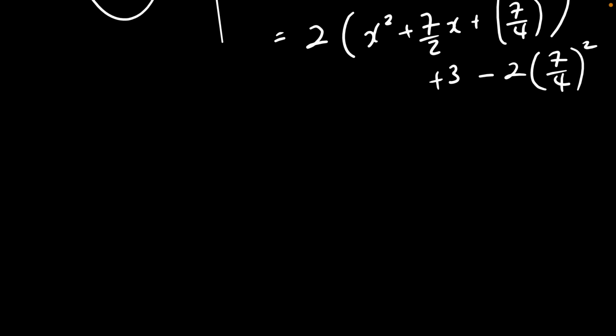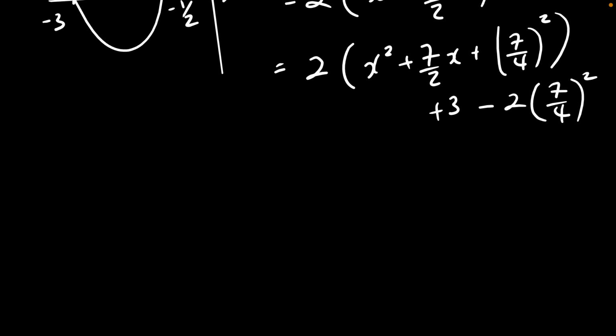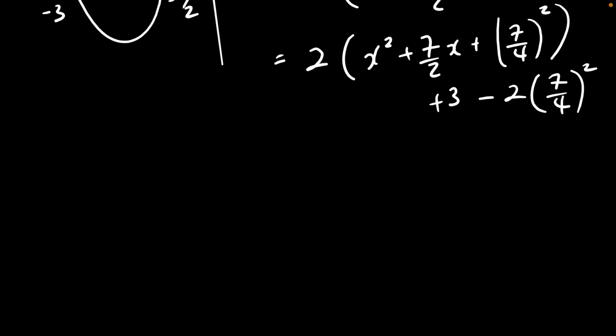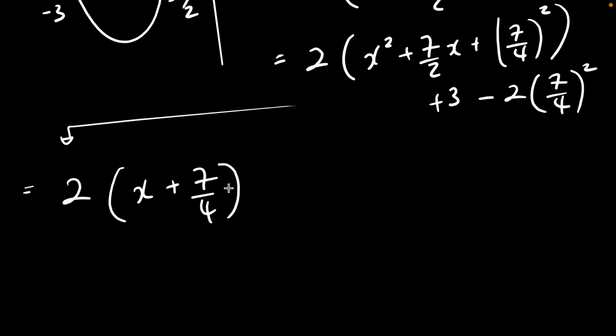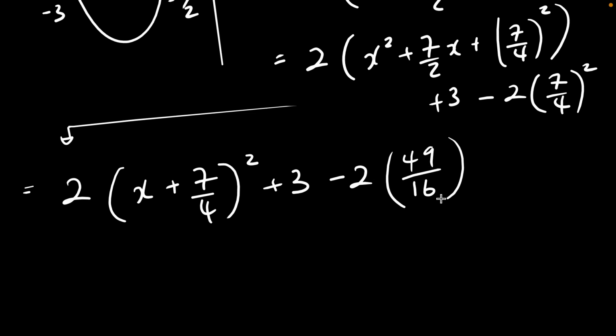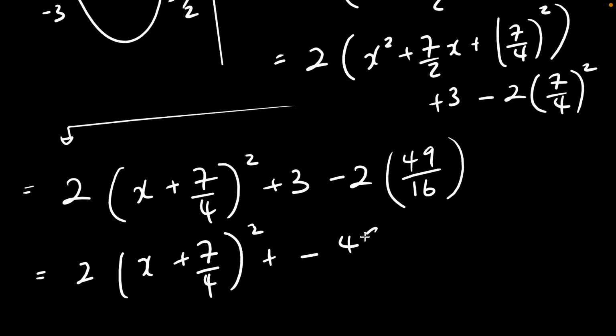Almost there, gentle people. I think we can see it here. Yeah, that works. All right, so this is messy. My teachers back in the day would have killed me for this. So I'm going to end up with x plus 7 over 4 all squared plus 3 minus what looks like 2 times 49 over 16, which is 2 times x plus 7 over 4 all squared plus 3 minus 49 over 8. Did I write the plus 3? No. It's invisible.